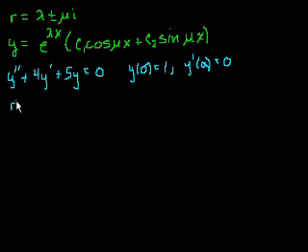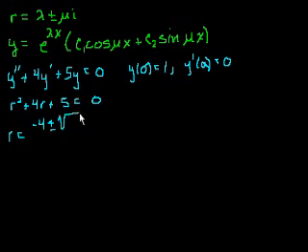So it's r squared plus 4r plus 5 is equal to 0. Let's break out our quadratic formula. The roots of this are going to be negative b, so minus 4, plus or minus the square root of b squared, so that's 16, minus 4 times a, well that's 1, times c, times 5.